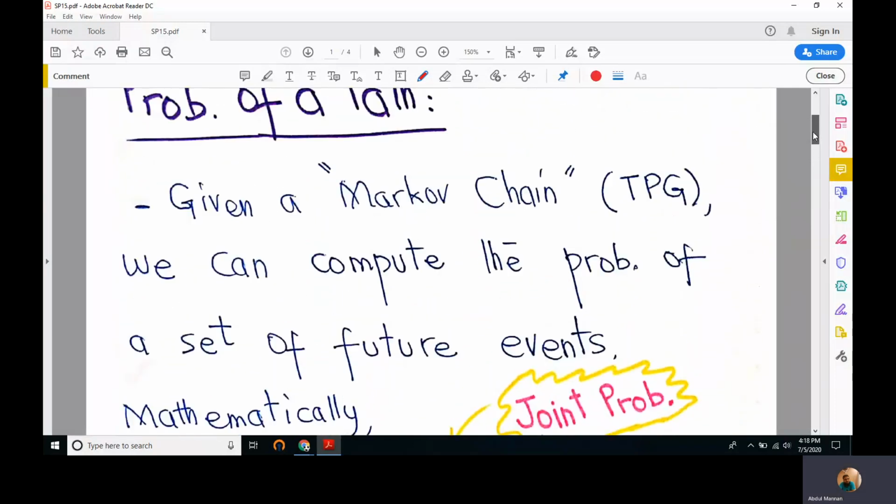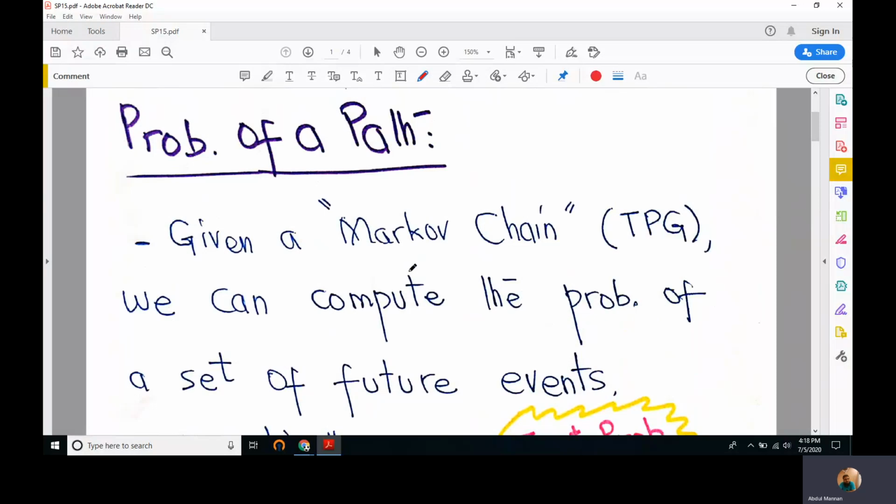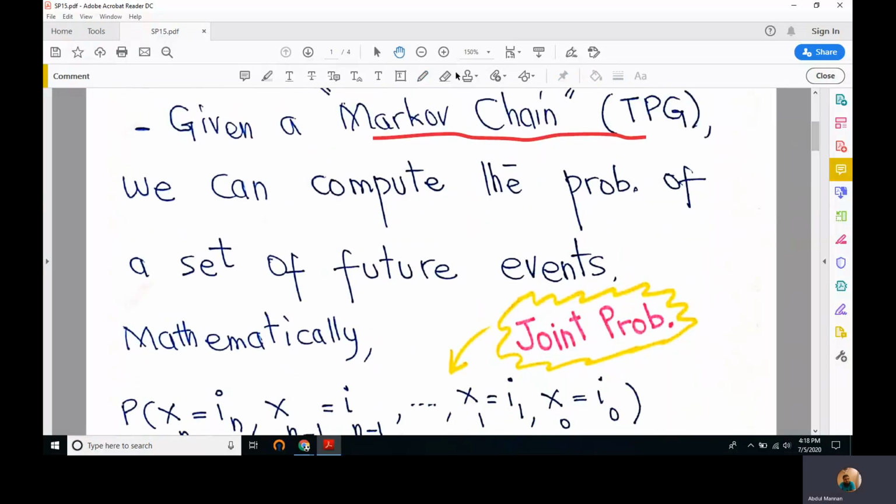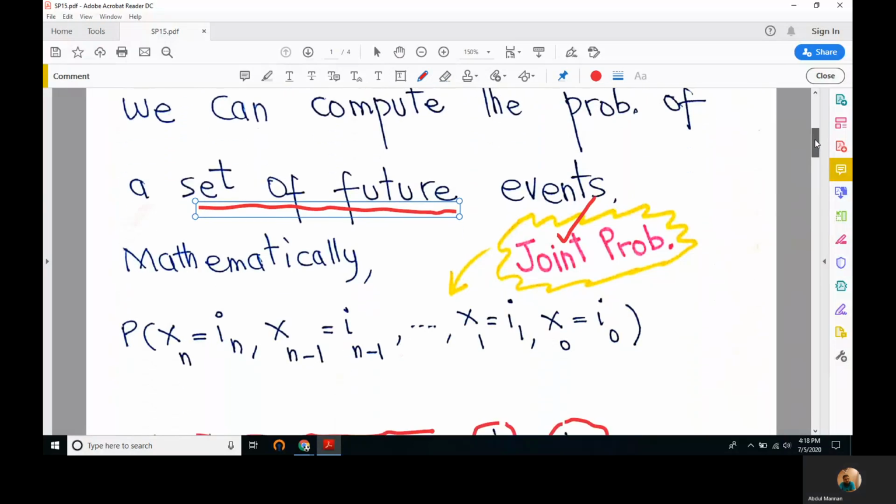So given a Markov chain, which is also called the transition probability graph, we can compute the probability of a set of future events. A set of future events means that we want to compute a joint probability, right?